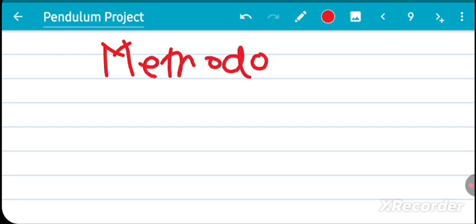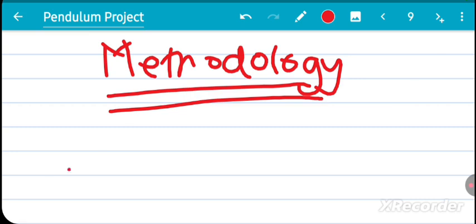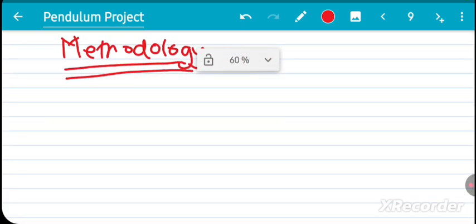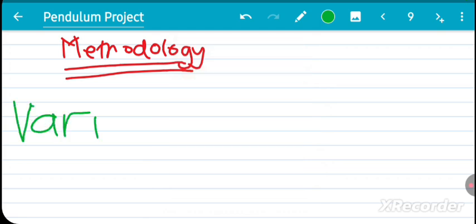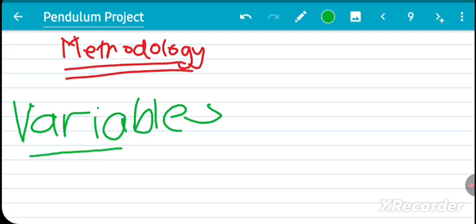So let's move on to the methodology. And spend some time here under the methodology. Under the methodology, we are going to talk about things called variables. It's in the name, variables.